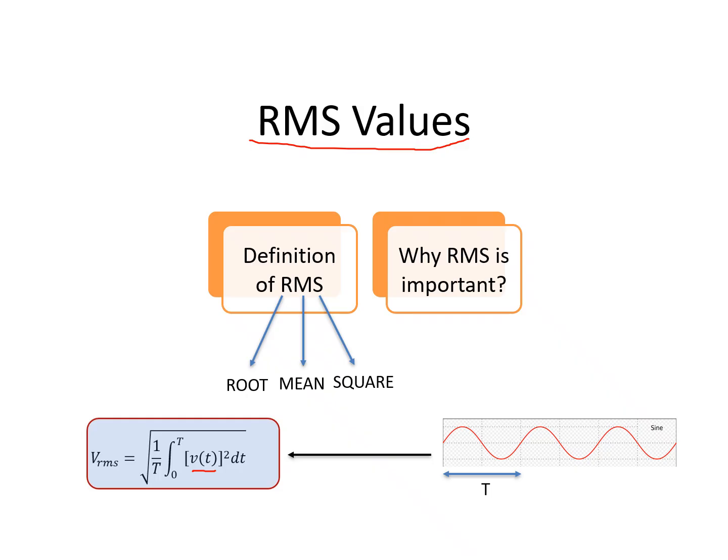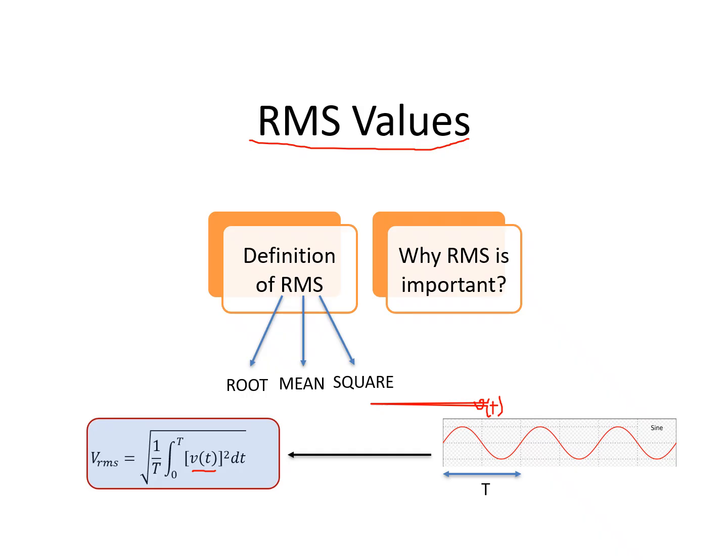So this formula represents the RMS value of this waveform, if we consider this waveform as the waveform of V(t). All right, so the AC wave as our voltage or current signal has an RMS value, which is shown with this formula. And if we suppose the period of the wave as T, then this is the RMS value.